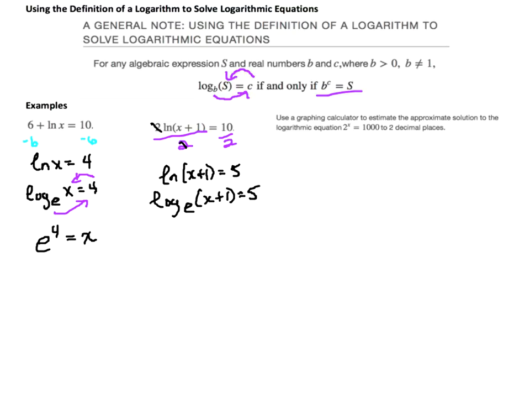So this says, I start at the base, raise to the is, equal the of. That means e to the 5th is equal to x plus 1. Going to subtract 1 off of both sides, and I get e to the 5th minus 1 is equal to x.